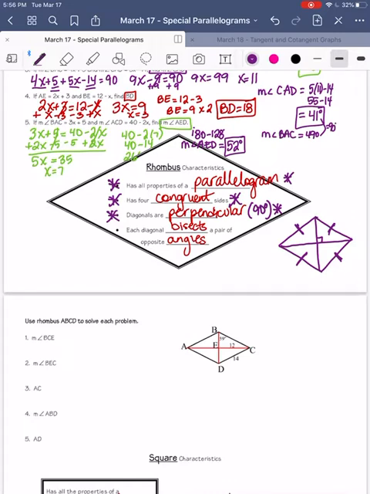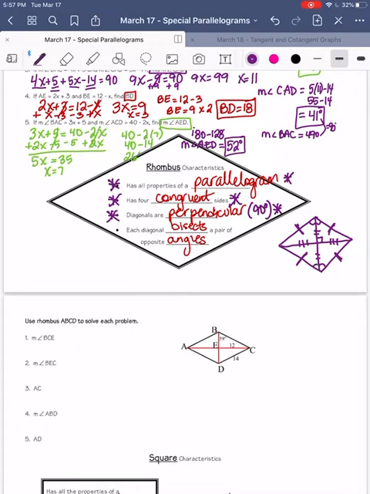It bisects, but we already know based on parallelogram that the diagonals bisect each other, so this one's congruent to this one, and this one's congruent to this one. But what this is saying is now it's bisecting an angle. So this angle up here is congruent to this angle, and this one is congruent to that one.